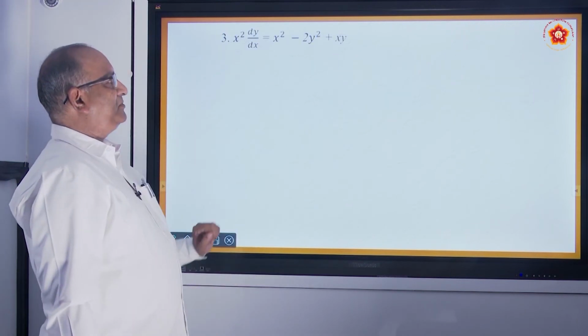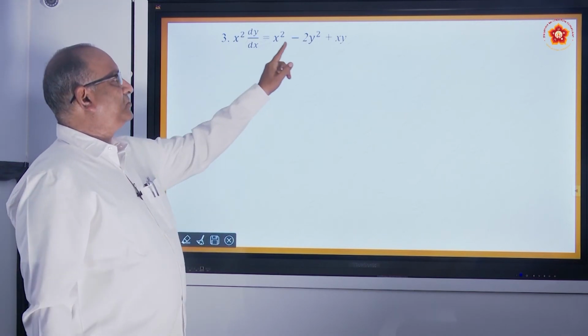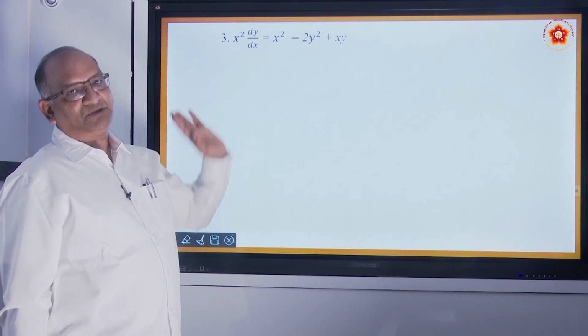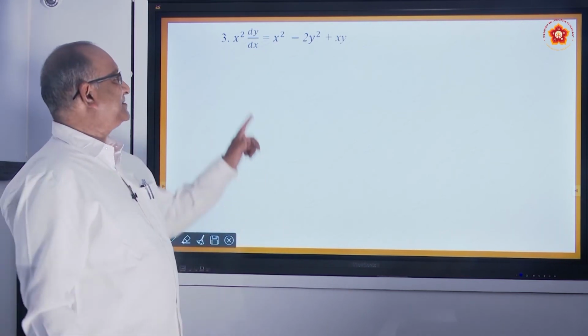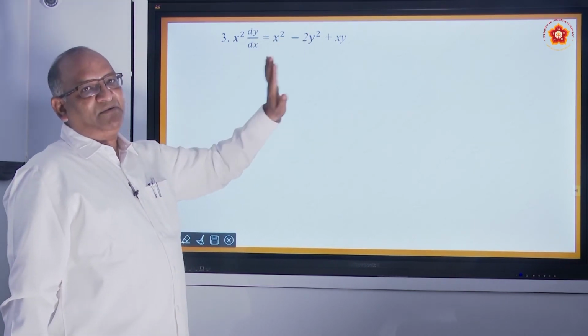This is the problem. Once again, like the first problem, you find that all the powers are 2, 2, 2. And in one glance, you can make out that it is homogeneous. No need of any explanation. x square, y square, xy. All powers are 2.